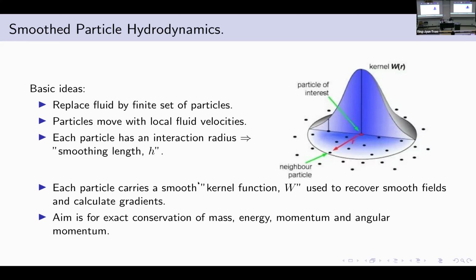And you assign a smooth kernel function, I call it here W, so that in order to estimate the density of a particle of the fluid at a given position, you can do a sum over the neighboring particles multiplied by this kernel function to get the density.